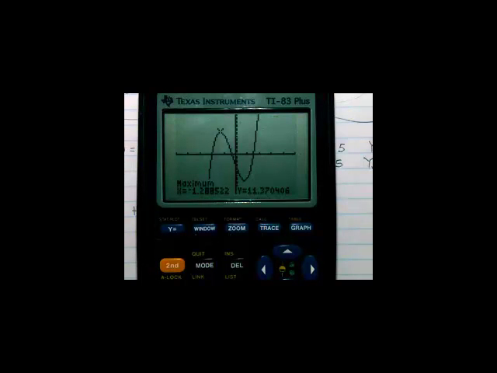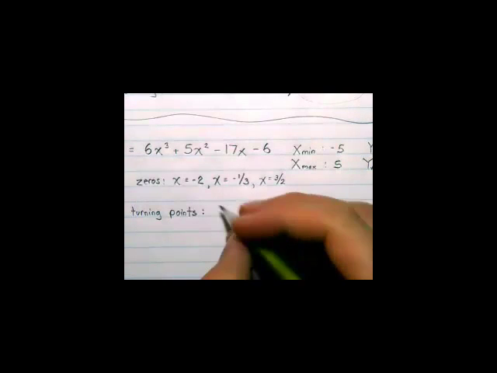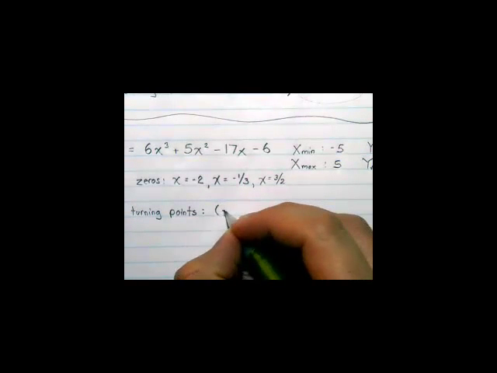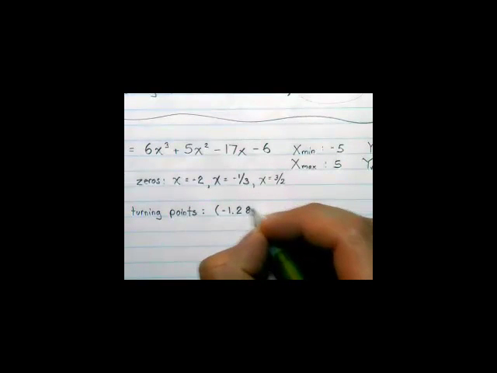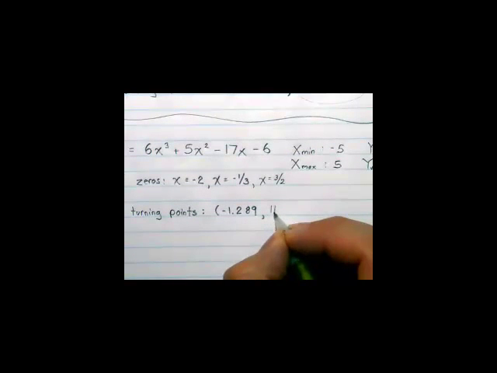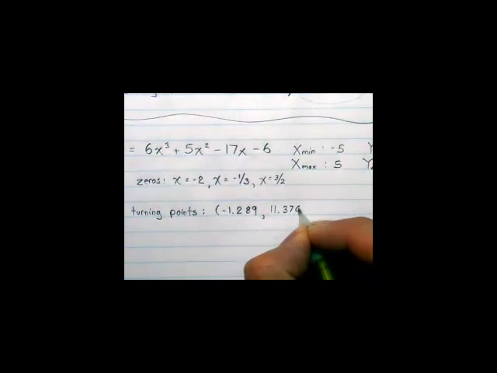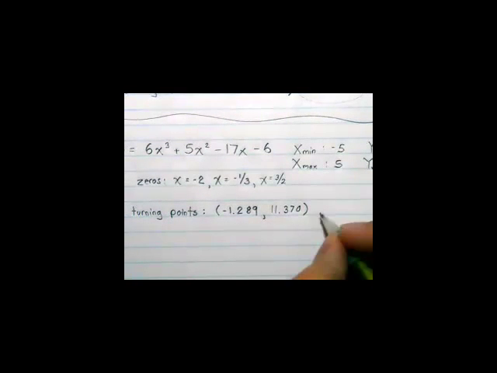So our maximum is at, if I do a little rounding here, negative 1.289 if I went 3 places. And then my y value, 11.370. And that we said was a max.